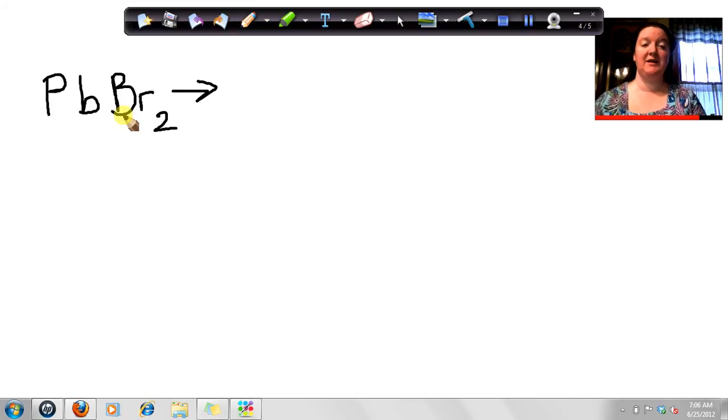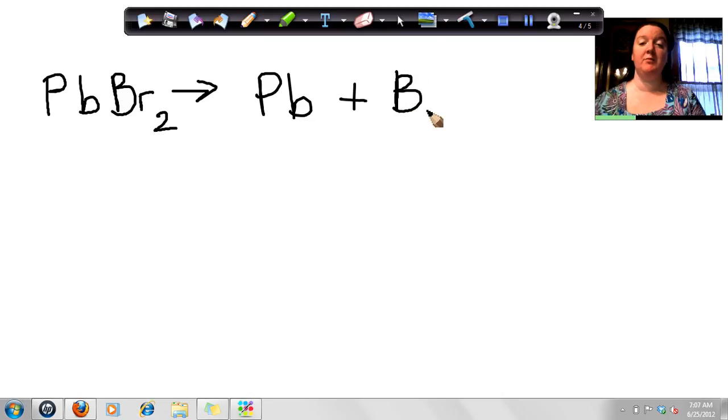Let's look at another example. Here we have lead and bromine. So if I look at lead, lead on the periodic chart has more than one charge possible. But we know what bromide has. It always has a -1 because of its location in the periodic chart. So because this has a -2 charge, what charge does the lead have to have? Well, we have to have +2 in order to get 0.